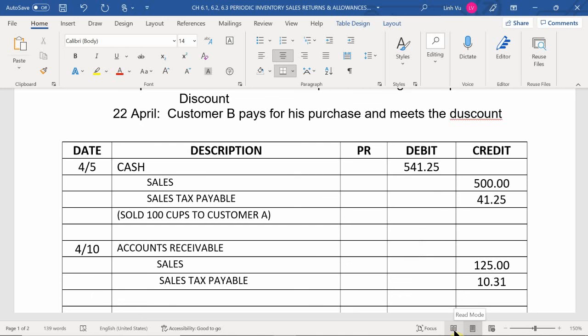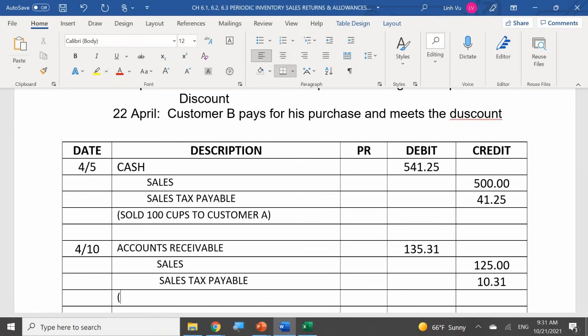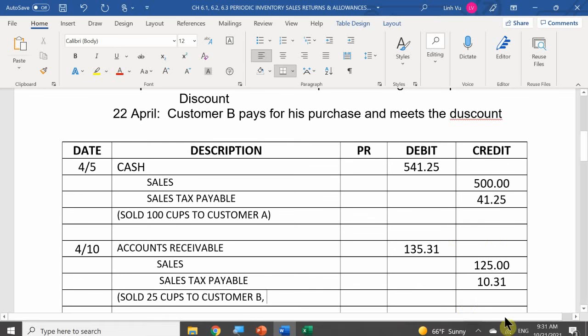Okay. So in this case, what's my total amount that customer B owes me? 135.31. Good. Okay, so again, sold 25 cups to customer B. Of course, you also want to put in the terms.